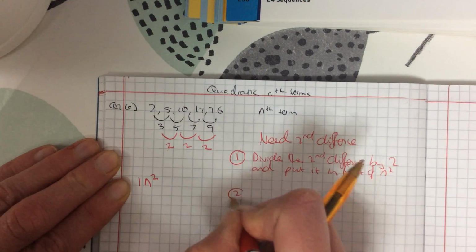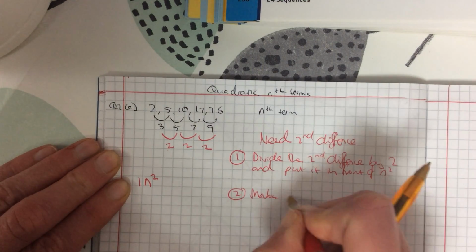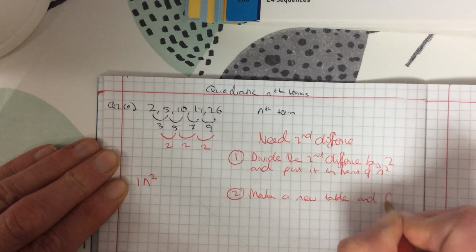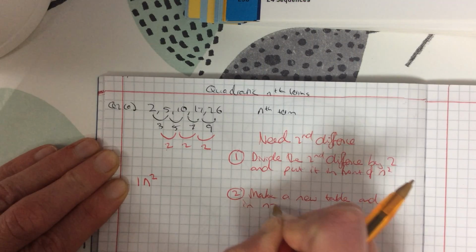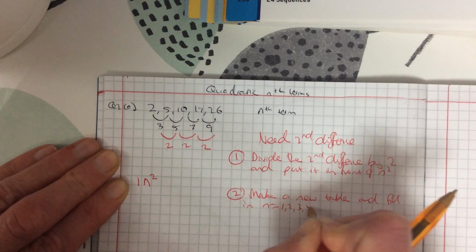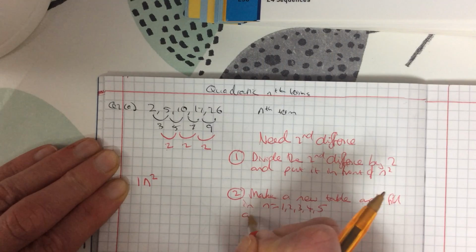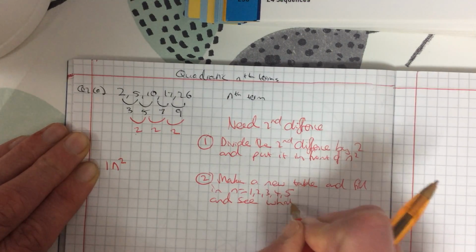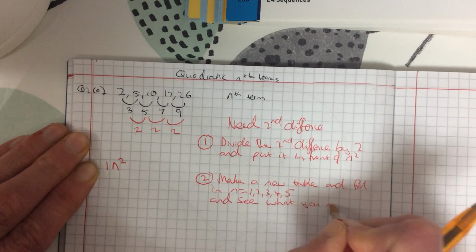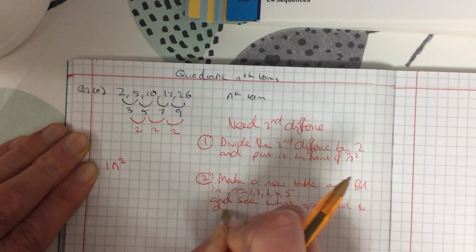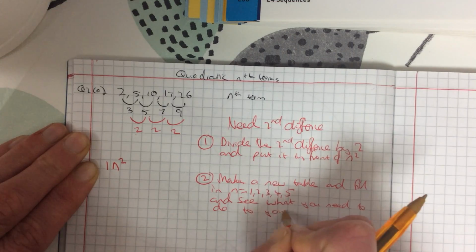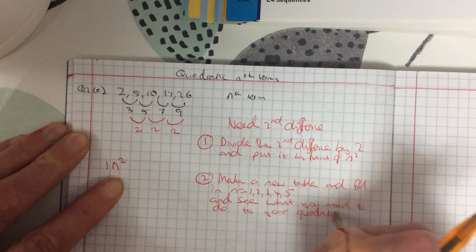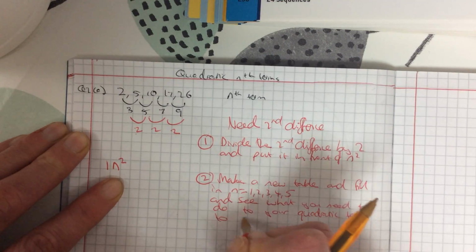Then what you do is you make a new table and fill in n equals 1, 2, 3, 4, 5, and see what you need to do to your quadratic term to get your sequence.